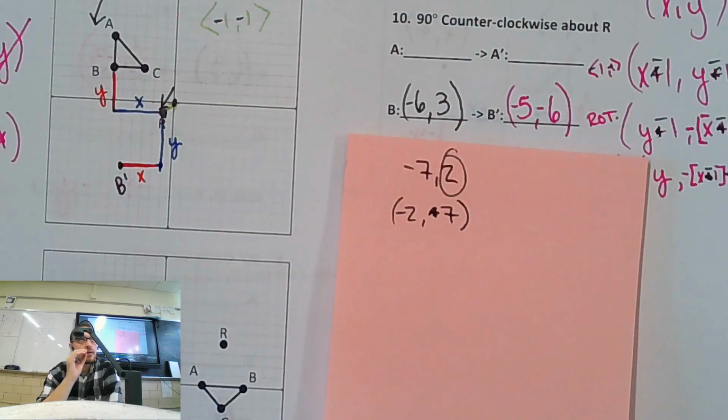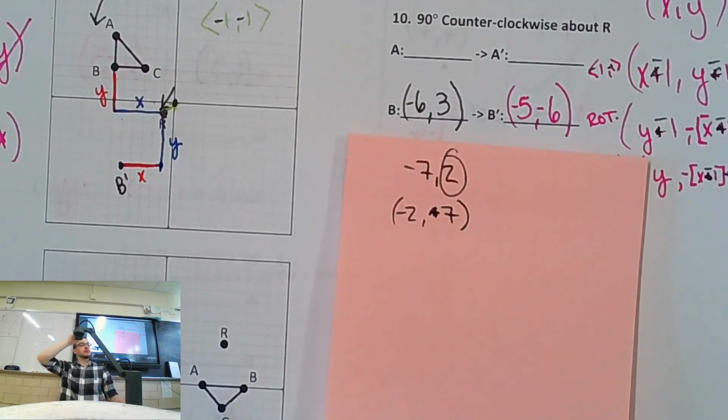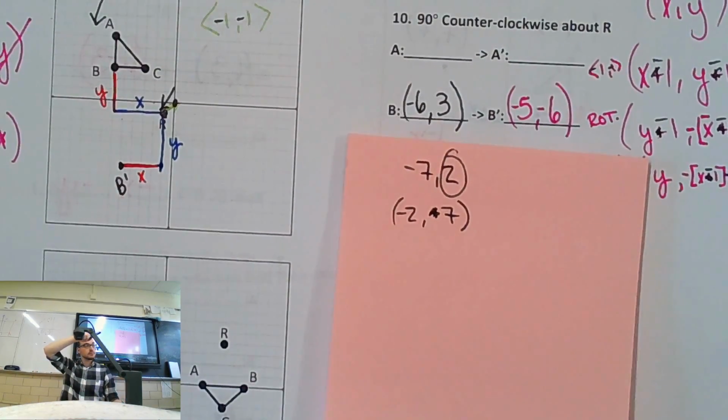Right, but I don't think you know how to explain it. You should still be negative 7. Why? Because we changed the other one instead, and then we just kept the 7.